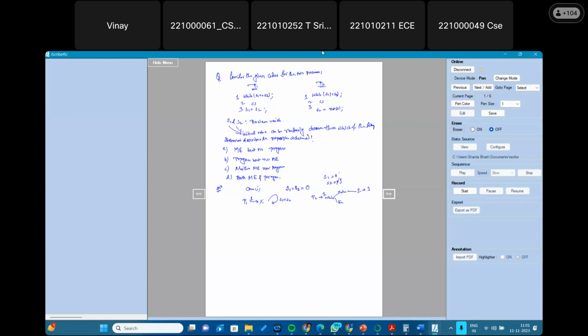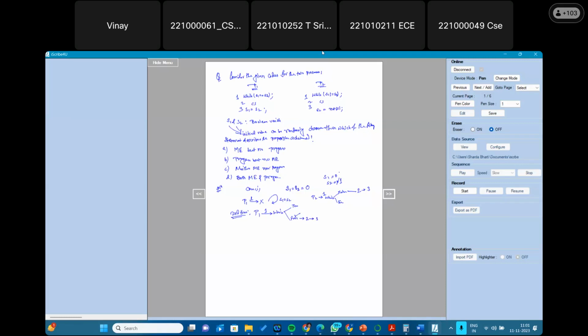Now let us check whether P1 will be executed. While S1 equals S2, for the second time: are both equal? No, one value is 1 and one is 0, so the condition is false and P1 executes its critical section.